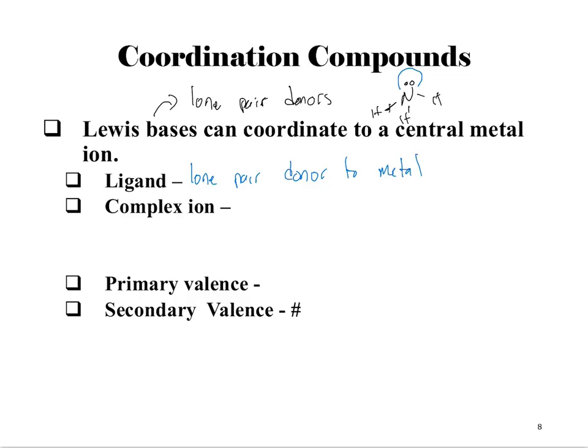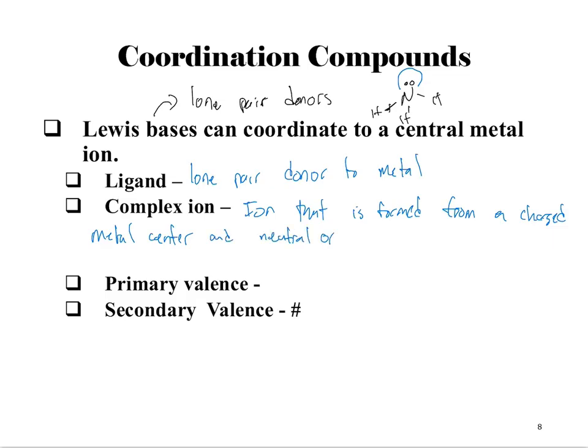And so these ligands can form complex ions, and this is just where we have an ion that is formed from a charged metal center and neutral or anionic ligands, right?